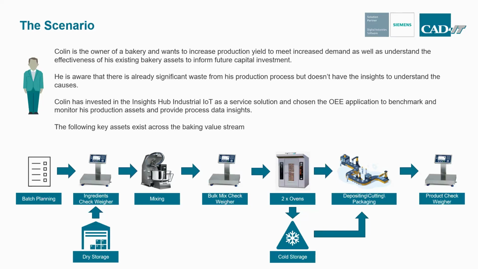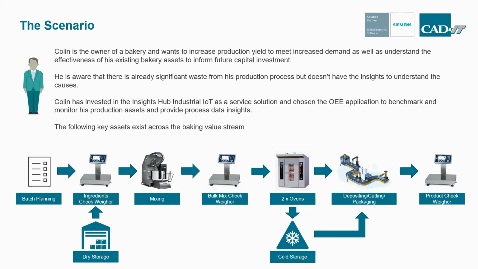This scenario is based on a real scenario in industry, where this bakery owner, known as Colin, needs to increase his production yield to meet increased demand, understand the effectiveness of his existing bakery assets, and inform future capital investment.